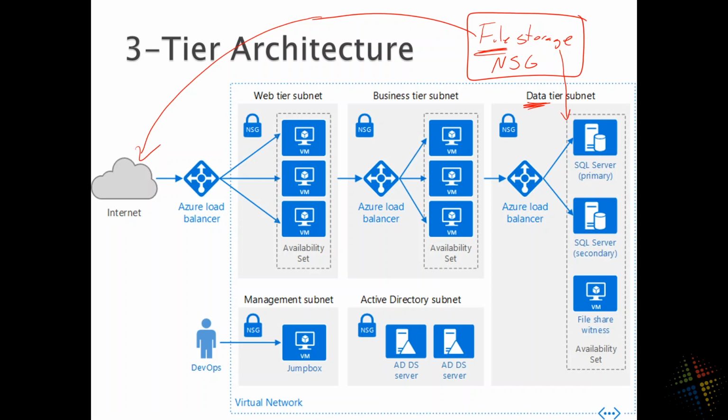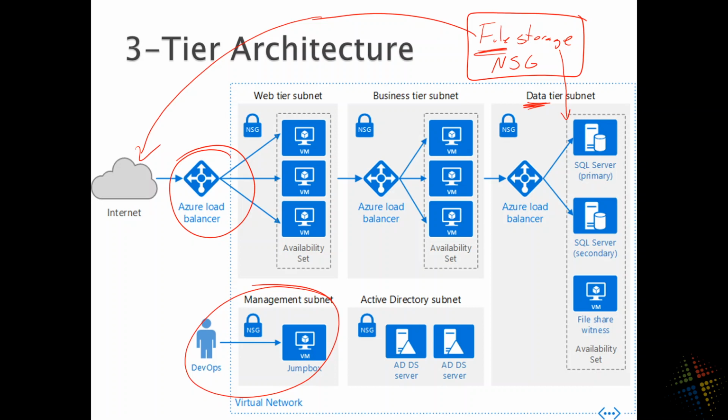The cool thing about this entire environment, if you're not paying attention or not necessarily seeing it, is that the only things connected to the internet are this load balancer right here, and possibly this management jump box, because the DevOps guy needs to be able to get into it.